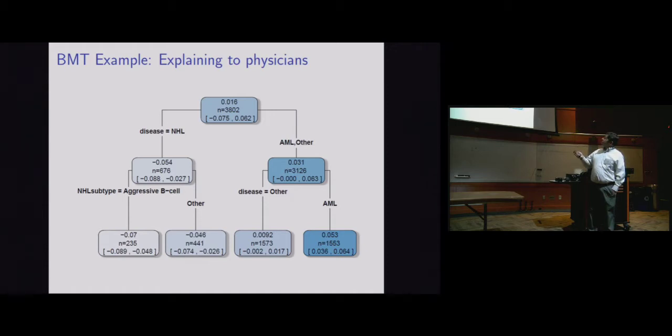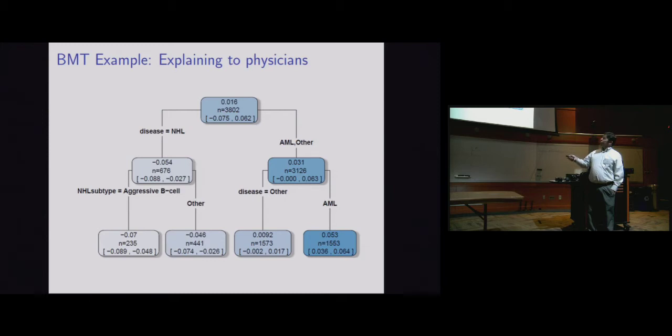There were some secondary splits as well that didn't actually affect the direction, but they affected the magnitude of the posterior mean difference. This was on the aggressive B-cell subtype versus other subtypes of lymphoma, and this one was on the AML versus the other disease. And so you can see these patients over here, which are the aggressive B-cell lymphomas, they benefit from Flu-Bu to a degree of about negative 0.07.